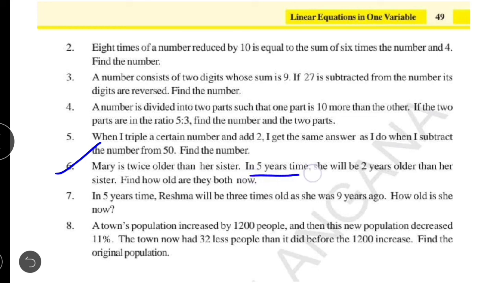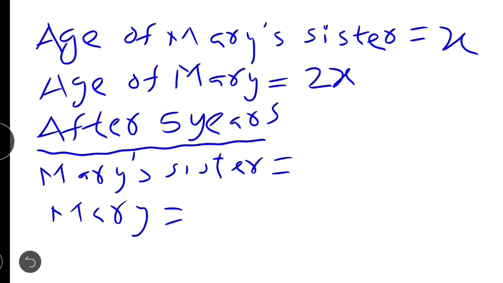In 5 years' time, see, here "will be" is the future tense, so 5 years' time is nothing but after 5 years. Let's find out their ages after 5 years. Mary's sister will become x plus 5 and Mary's age will become 2x plus 5.